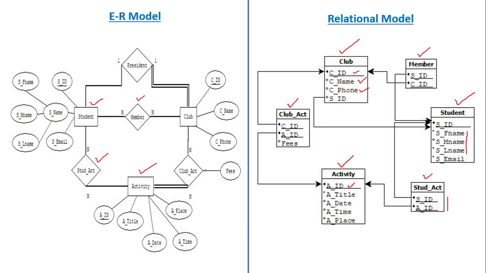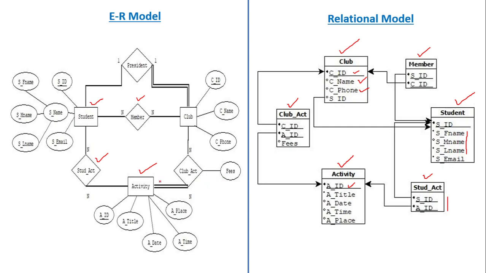Also, we have seen that this relationship set has one attribute, a descriptive attribute of this relationship itself, and that is fees. So whenever we convert this many to many relationship set into a tabular form or into a relation in the relational model, we should have a separate relation club act for this relationship set club act in the ER model. What are the attributes?